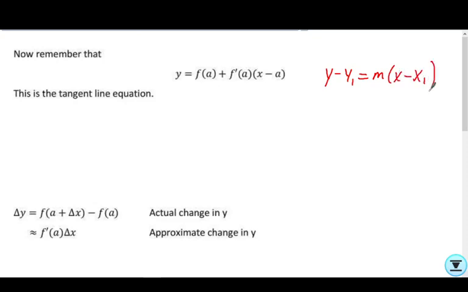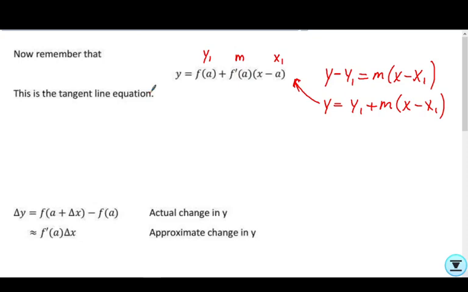But if you move y1 to the other side, you get y equals y1 plus m times x minus x1. And the tangent line equation is the exact same thing: f of a is your y1, f prime of a is your slope, and a is your x1. So this is the tangent line equation.